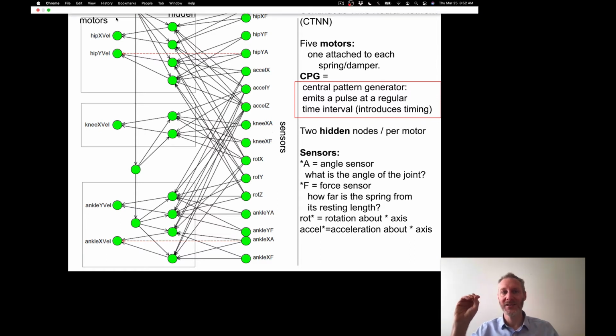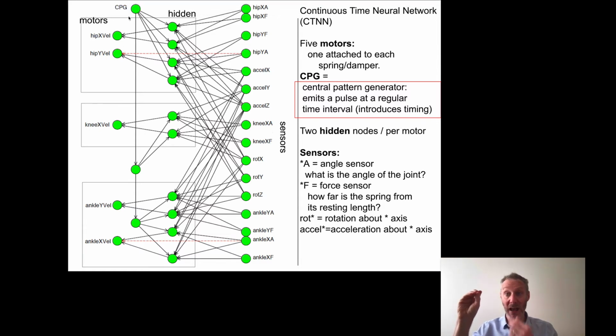So in this case, this CPG neuron is going to have a value of 0 for most of the time, but at a regular interval, it's going to output a value of 1.0. So it is going to emit a pulse of signals into the hidden layer here, and then the hidden layer out to 1, 2, 3, 4, 5 motors at each of the 5 joints.